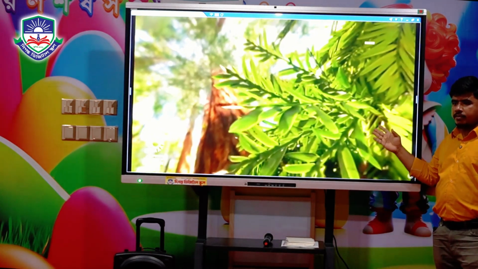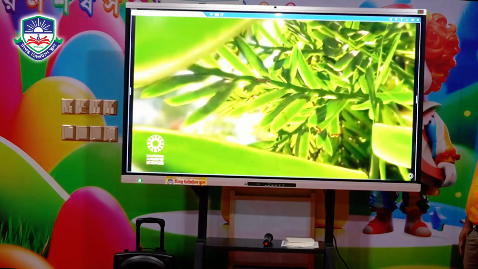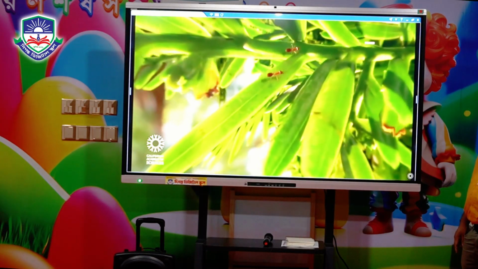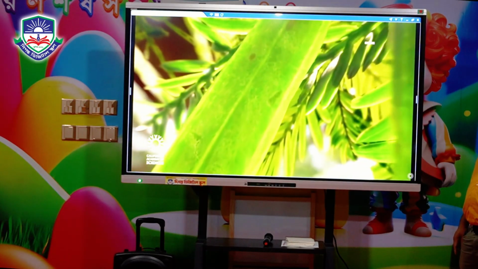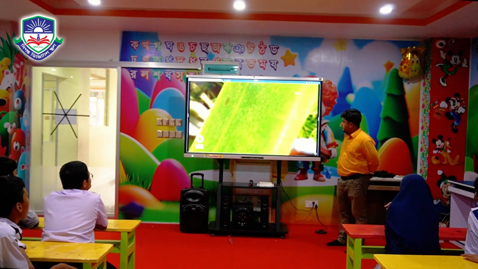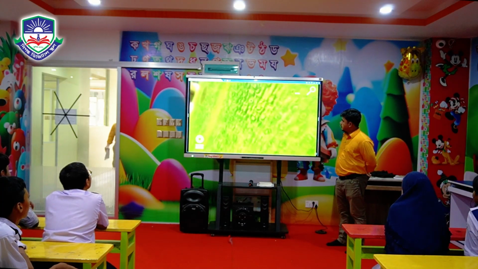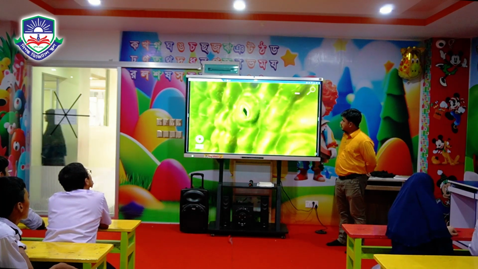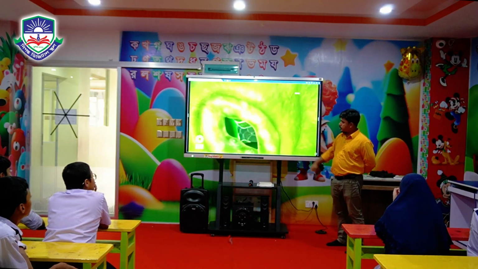This is a green leaf. This is every single cell of the leaf.